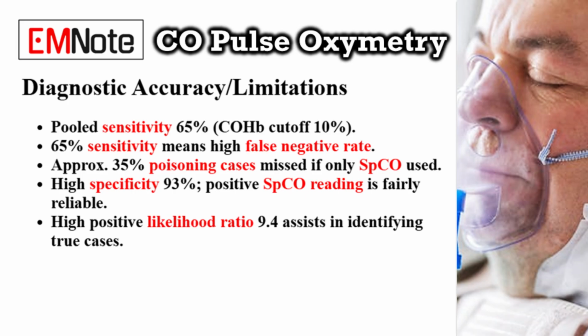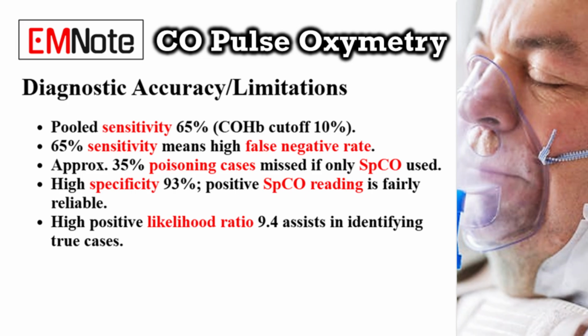The pooled sensitivity was found to be 65% and the specificity was 93%. The 65% sensitivity indicates a considerable false negative rate, suggesting that approximately 35% of carbon monoxide poisoning cases could be missed if clinicians rely solely on SpCO readings.